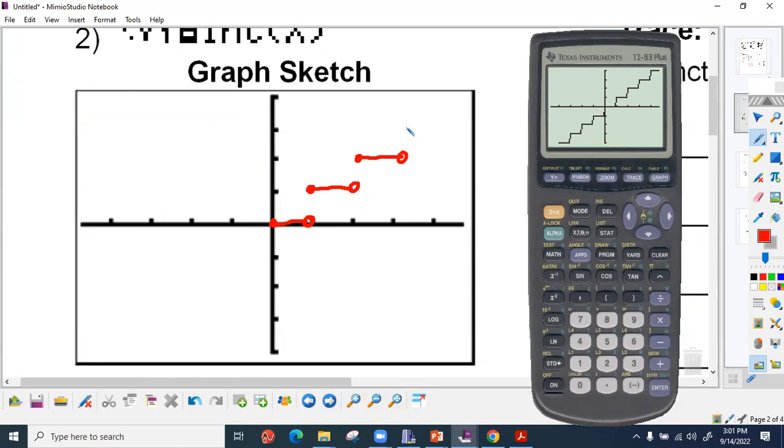If your project did not look like this, then you know that this is one graph you got wrong. So I'm just giving you that heads up there. And if it did not look like this, you did something wrong.